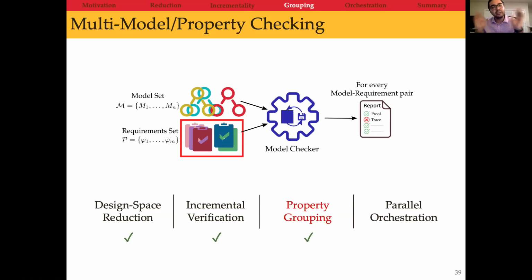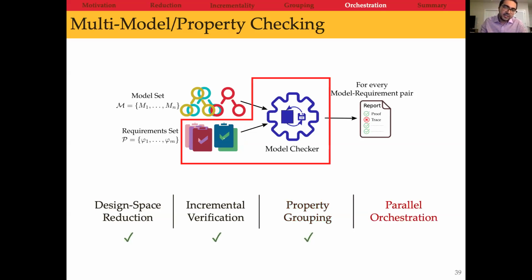Then all the different groups can be run in parallel for maximizing verification throughput, or maximizing the number of verification results that we can get per unit time. So this leads me to my fourth and final vertical: optimizing parallel verification for large design spaces.